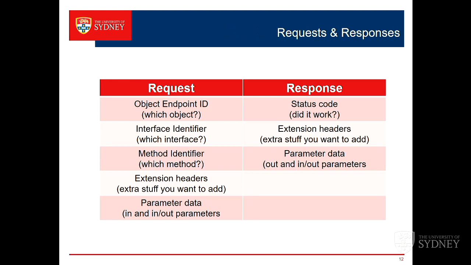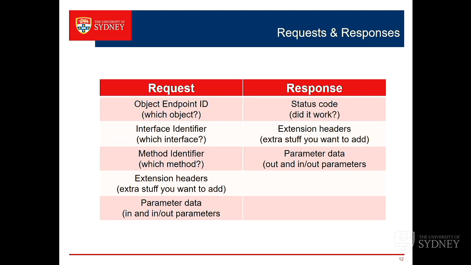So that's the type of stuff we'd have in a request and a response. I don't know where I stole this from. I think this might be a Microsoft one from the object endpoint ID, but the requests physically in this system look like this. This is what a request has inside it.